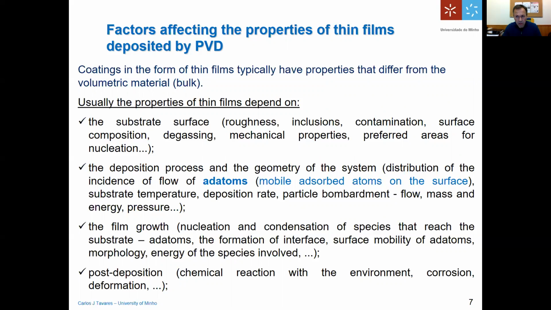And so these are the aspects, and these are some of the factors that you really have to take into account, because they will affect also the mechanical properties of the final film.